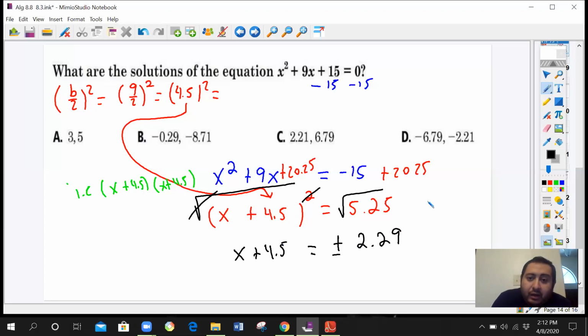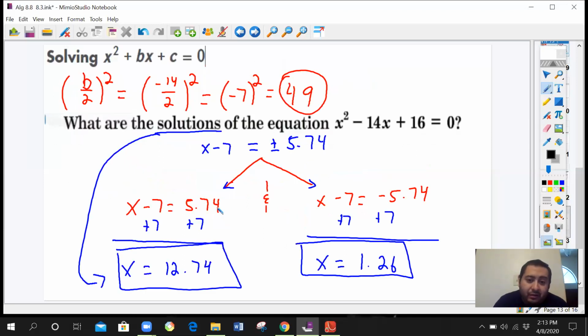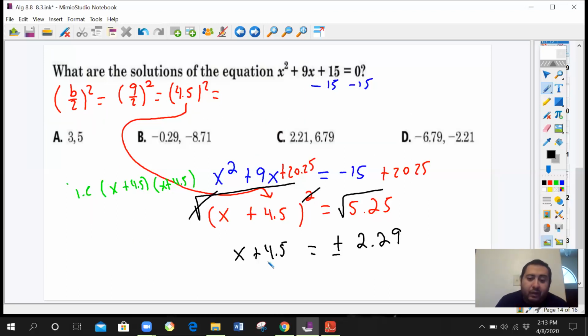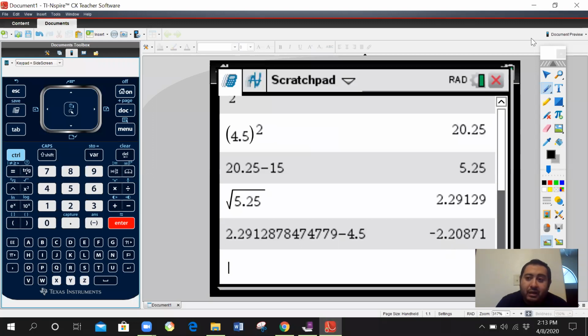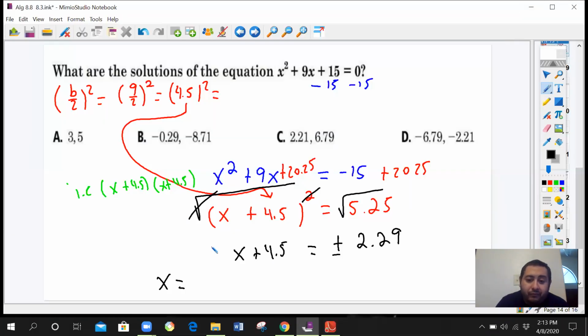Okay. Now let's go ahead and split them apart like the way we did it in the last section. So let's subtract 4.5. So 2.29 minus 4.5, we get negative 2.21... negative 4.20.